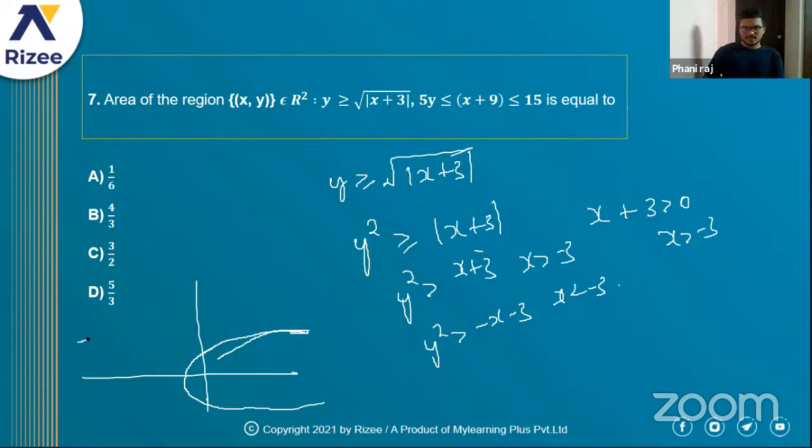It's something like this. y² can never be negative, so it just stops here. You won't get something below, because that means y² is greater than this, it's greater than -x - 3. So this is the area first for this.